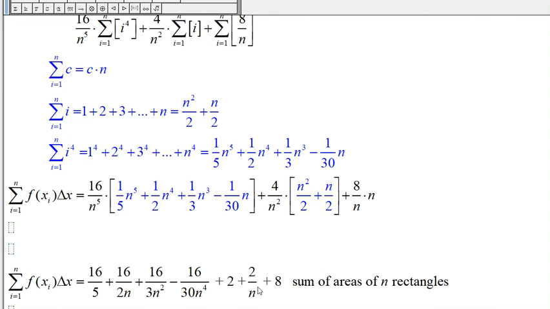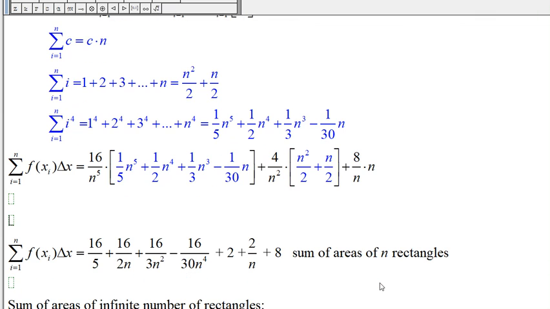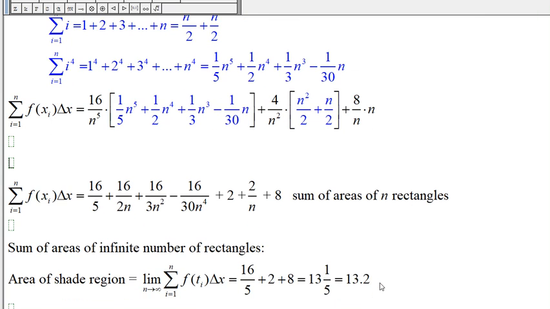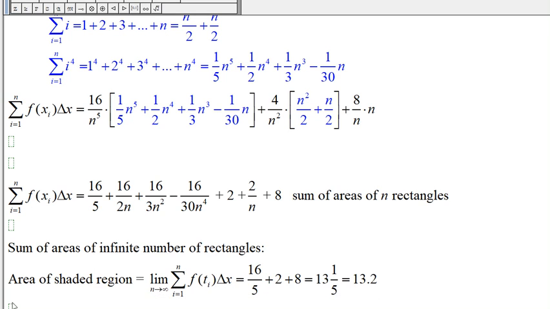But since we want the exact answer, we need to allow n to run to infinity. And so we want an infinite number of rectangles. And this is how we write the sum of an infinite number of rectangles: let n run to infinity, and then the summation right here.